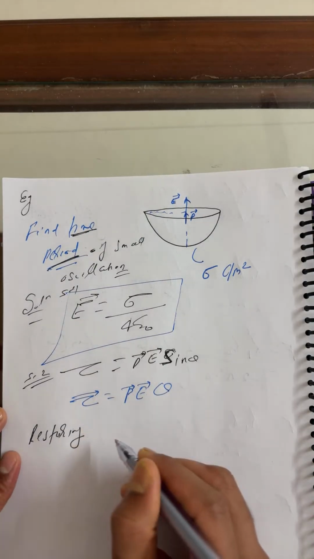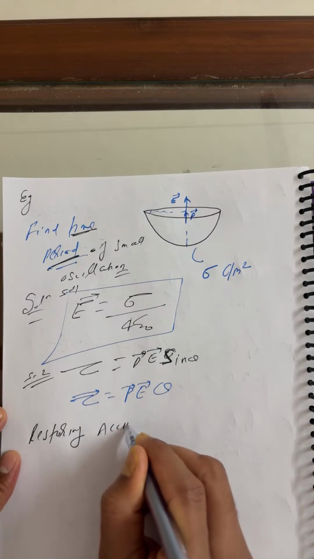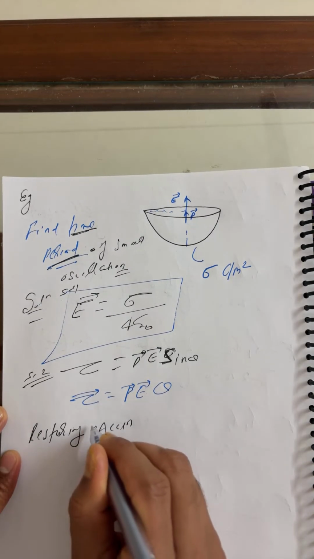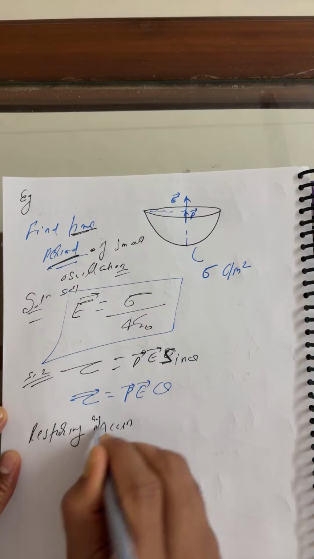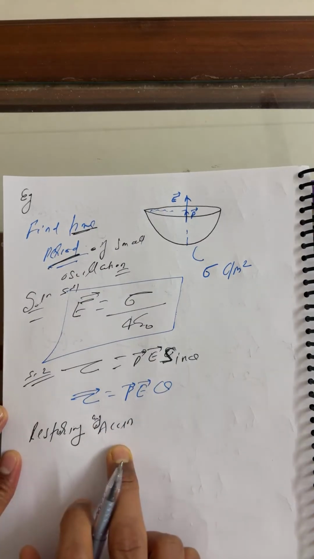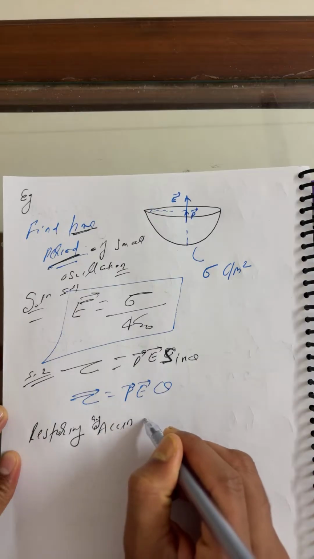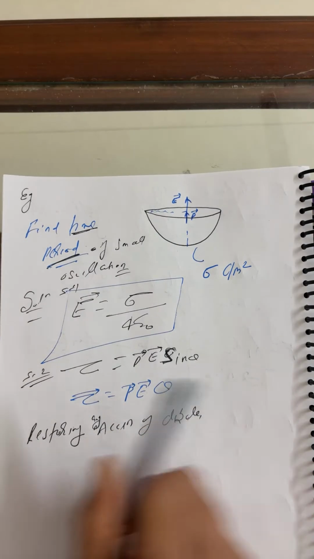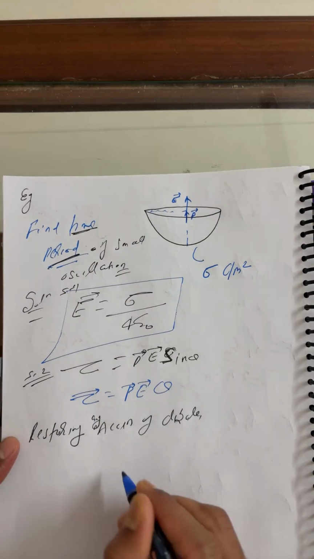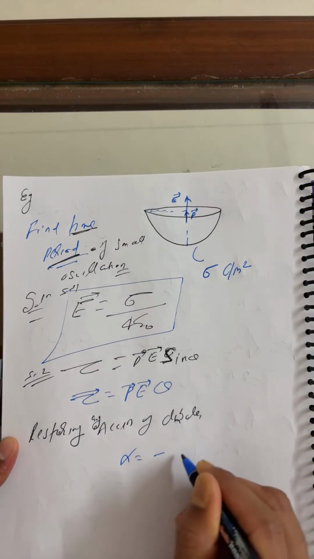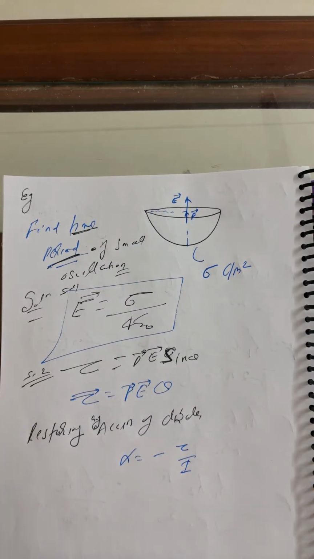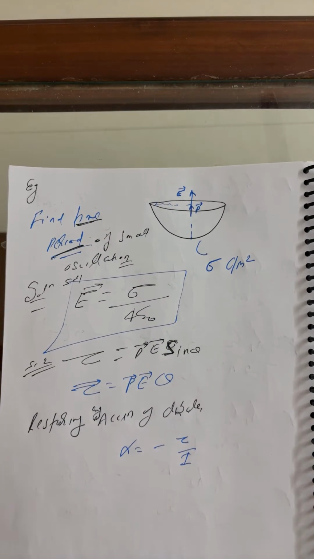So the restoring angular acceleration of the dipole, I hope all of you remember, alpha is equal to minus tau by I. Alpha is tau by I, right?